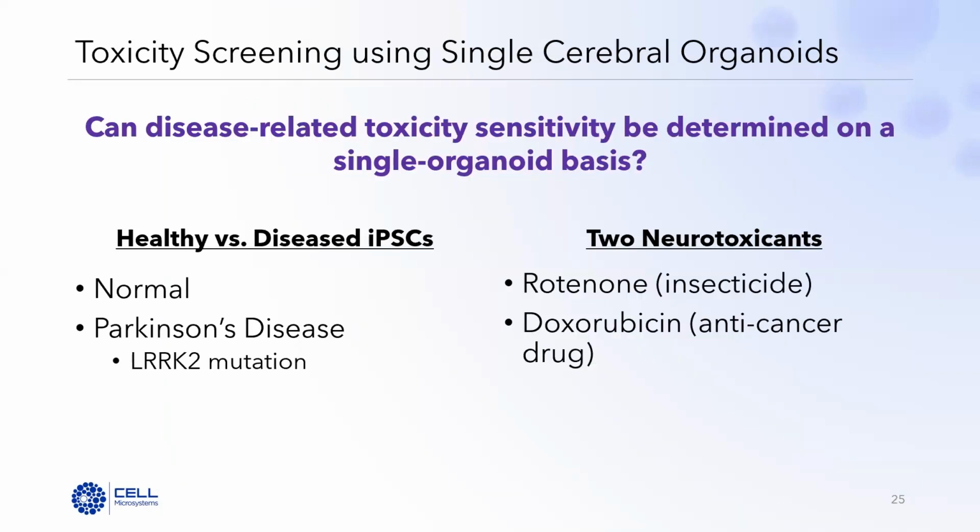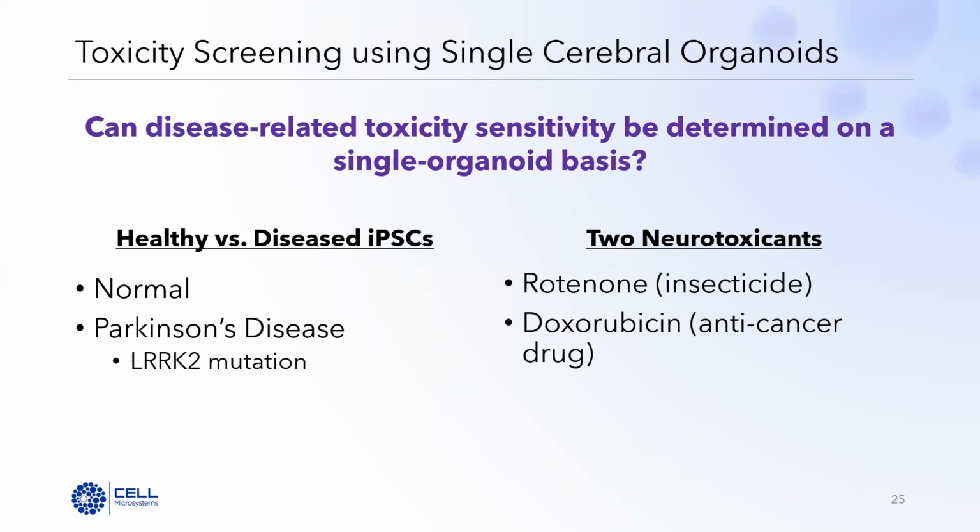But I wanted to give you an example of how we've been using this technology for downstream assays. Here we're taking a toxicity screening approach using those single cerebral organoids.